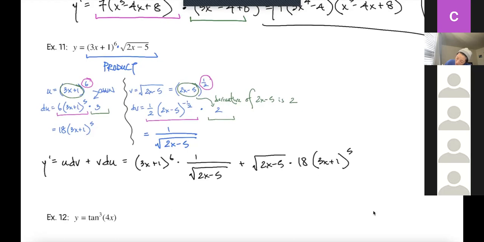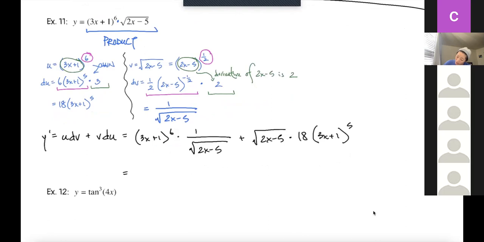Are we okay with where all the different pieces came from? Now, I saw earlier in the chat, someone said they don't want to deal with all the algebra. It's really not a lot of simplifying that I expect you to do here. Maybe at the most, something like this: (3x plus 1) to the 6th over root 2x minus 5.